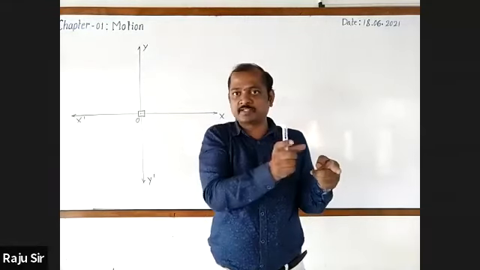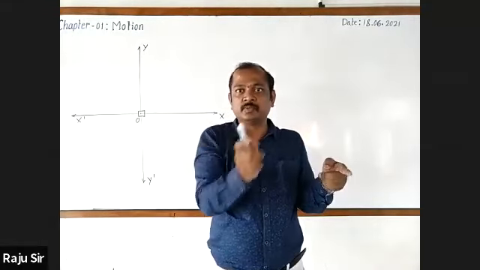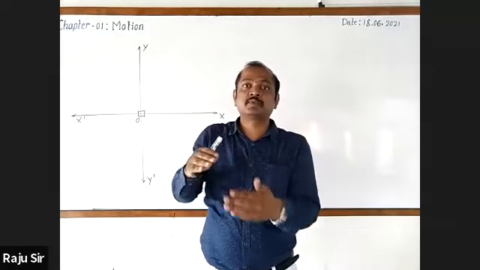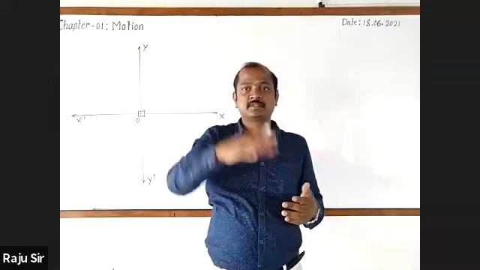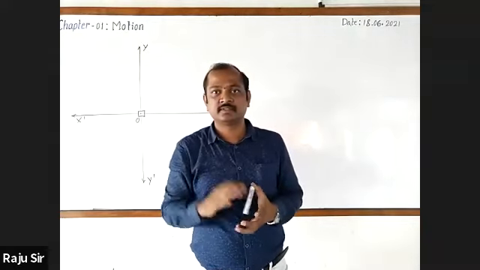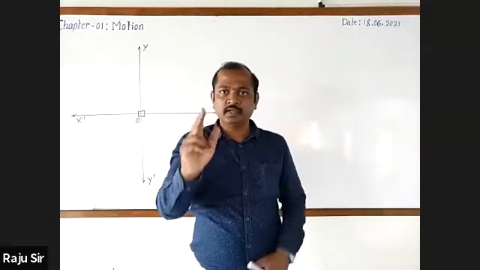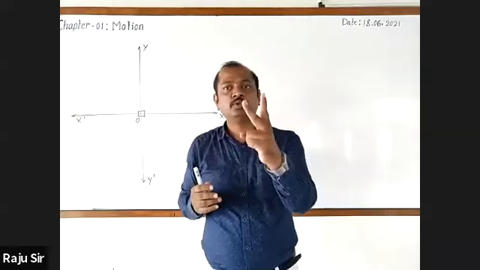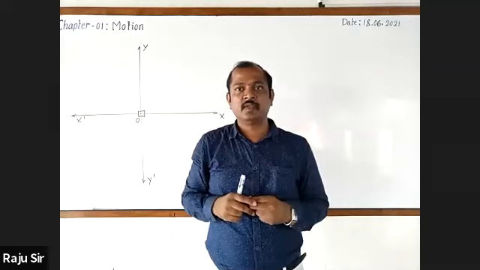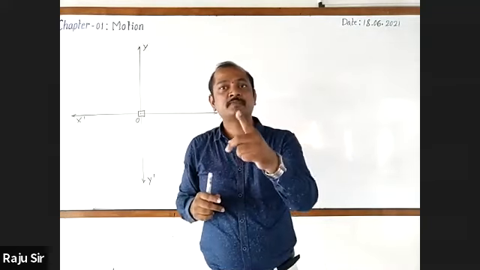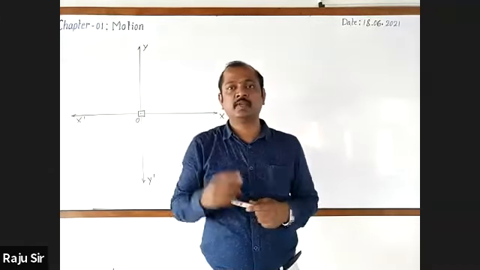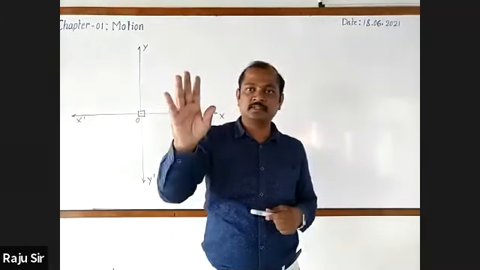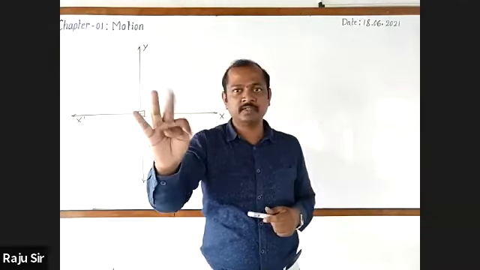Here marks is constant. 1 mark, 2 marks, 3 marks. But the number of students who secure 1 mark is different from 2 marks, 3 marks, like this. Got it? Anyhow, to represent anything on the graph, we need two quantities. When we come across the speed or velocity, we have two quantities on which it depends. One is distance and second one is time.